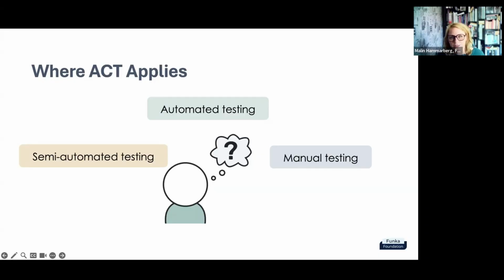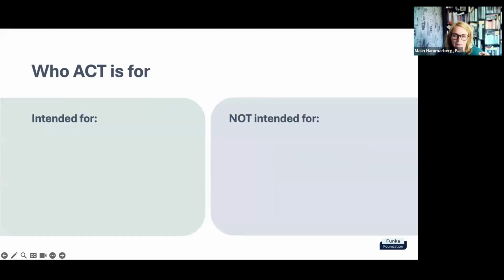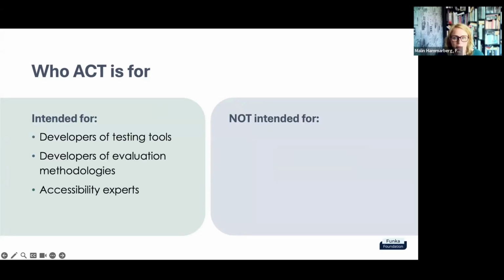So who are they intended for? Well, the ACT rules are mainly intended for people who build or design testing methods and tools. So that includes accessibility testing tool developers, accessibility test methodology developers, and accessibility experts.